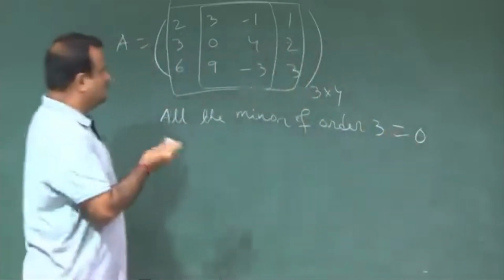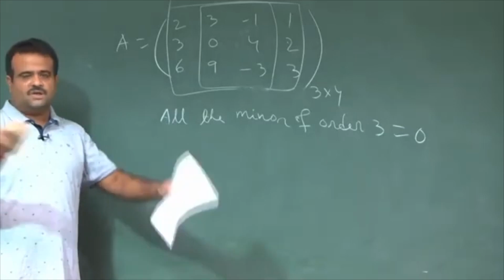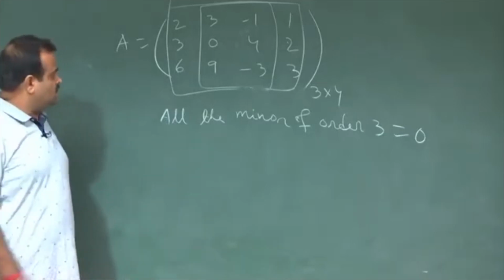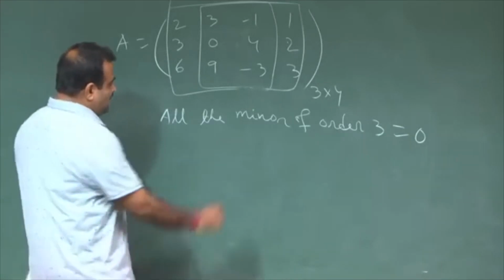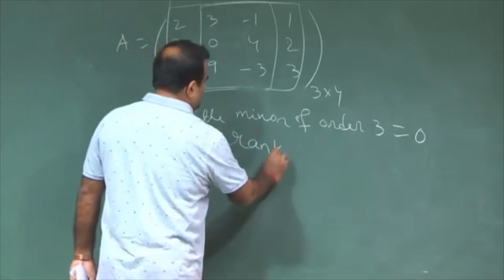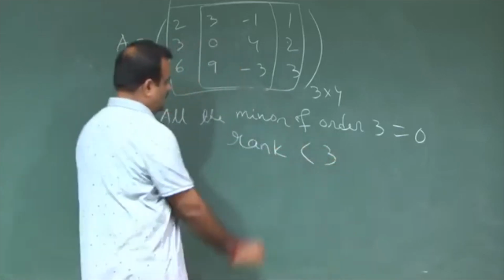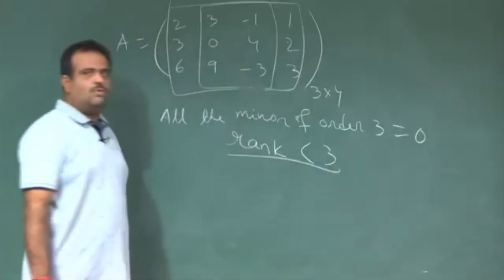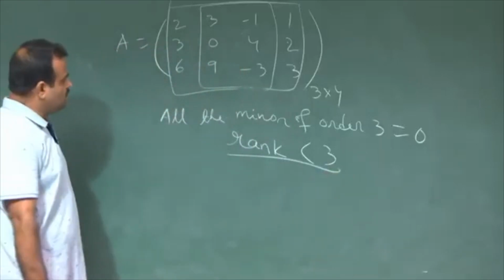We have checked two of them, but you can work out the other minors of order 3. So, that means rank must be less than 3. So, rank is either 2 or 1. Now we have to check whether rank is 2 or not.